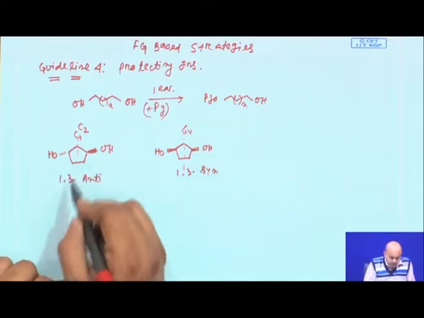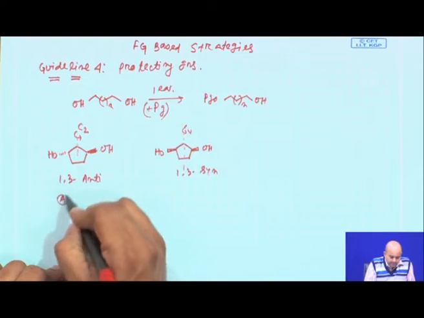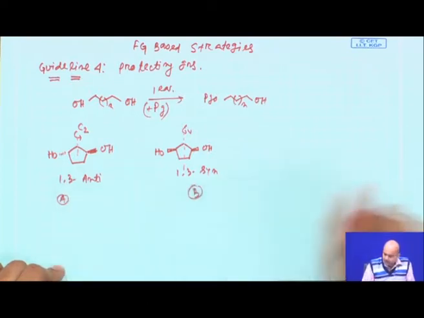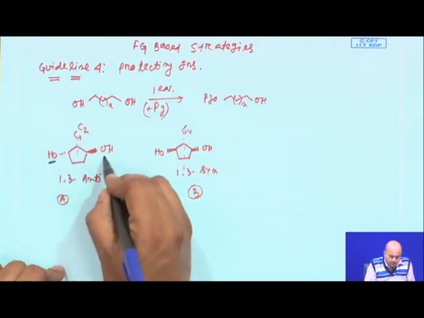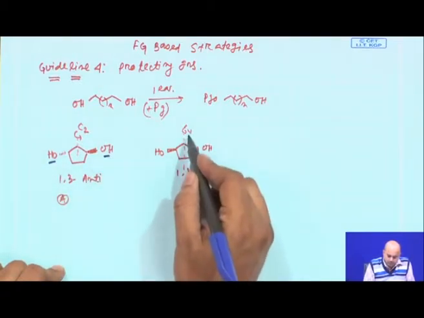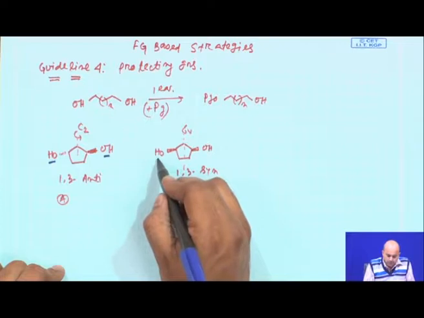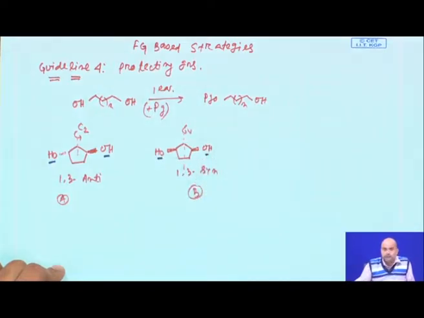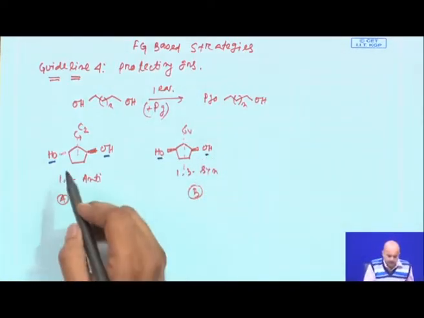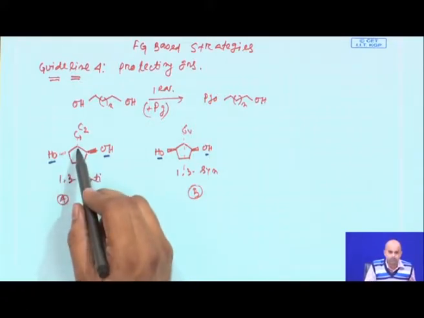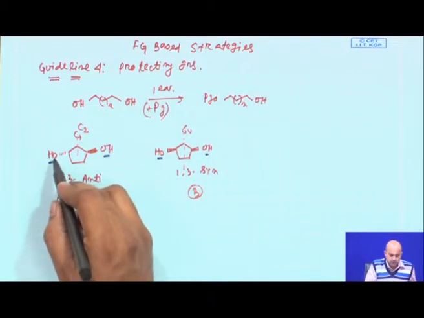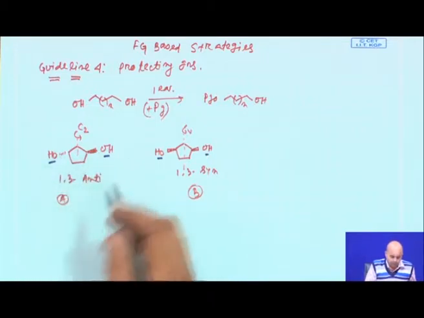I said compound A and compound B. Compound A has two OH groups, OH1 and OH2, and compound B also has two hydroxy groups. If you remember, last week we said that if you have a compound with a C2 axis of symmetry, the OH groups or similar functional groups will be homotopic.